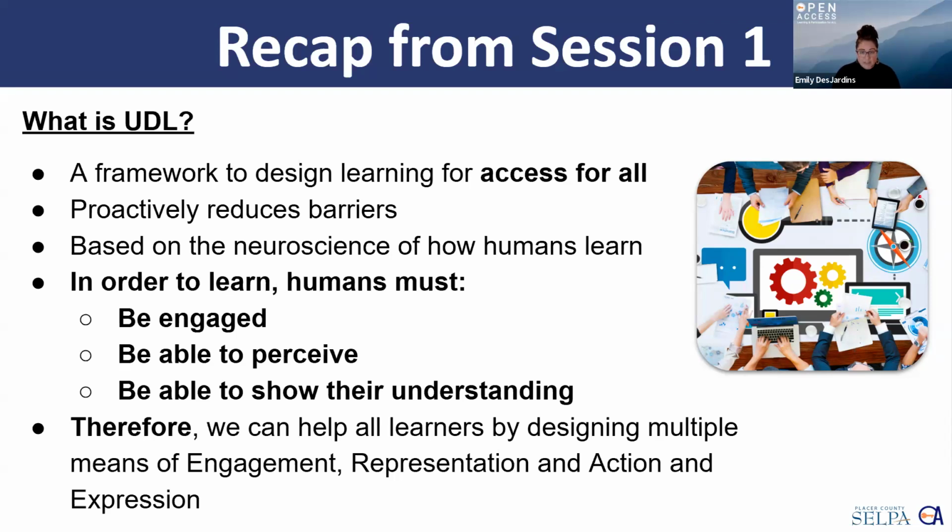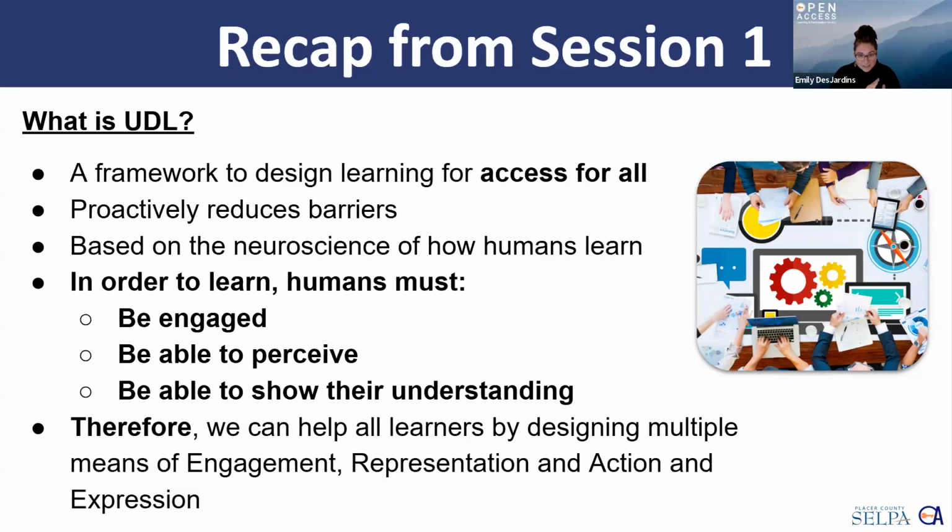The idea behind it is to proactively reduce barriers for our learners. And we know that barriers exist in every learning environment, and they're all going to be connected to the variability of our learners. Those barriers are going to be different in every classroom, but they're going to be connected to that variability of your learner population.